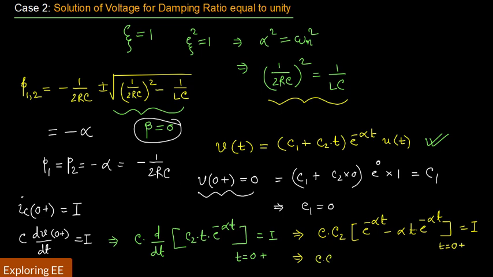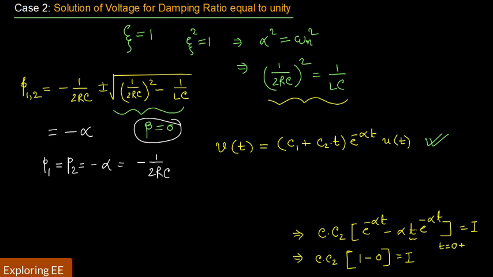So C times C2 into e to the power 0 is 1 and the second part t is 0, it will be 0, equal to I. So from that we have C2, this arbitrary constant, is coming out to be I upon C.